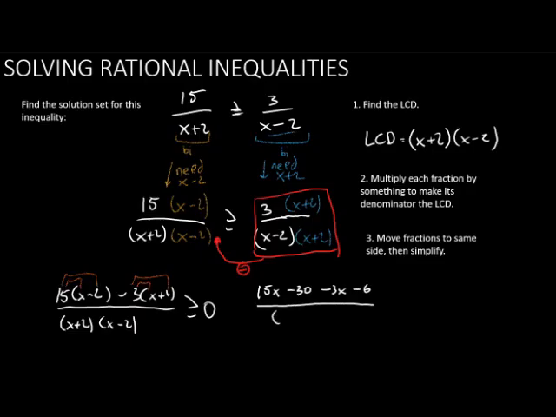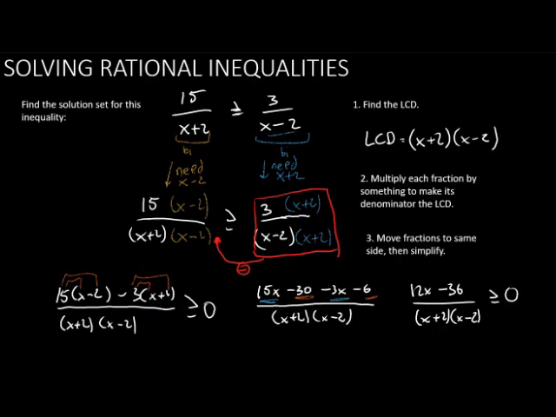All of this will still be over our LCD. It's still x plus 2 times x minus 2. Now we can combine some of our like terms. 15x minus 3x gives 12x, and negative 30 minus 6 will give negative 36. We'll still write this over the LCD, and we will still say this is greater than or equal to 0.